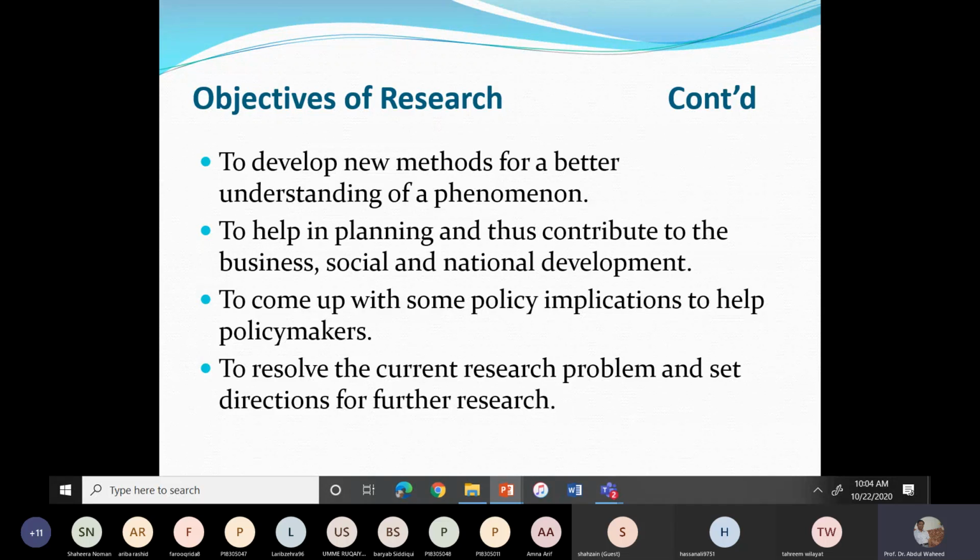So we have to do research. Whatever they demand in the breakfast, they may not demand in the lunch, and then they may not demand in the dinner.